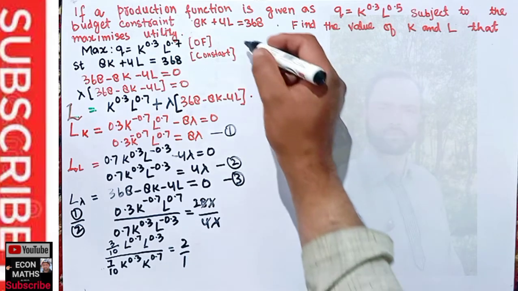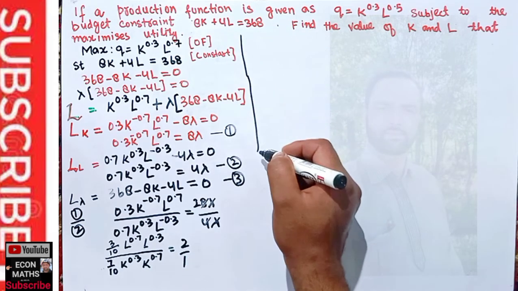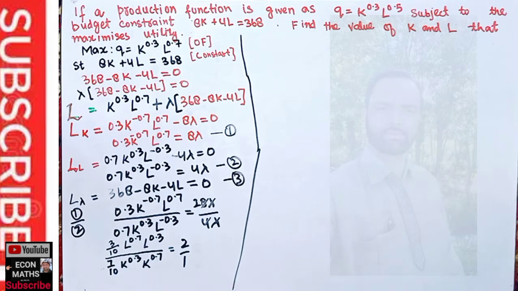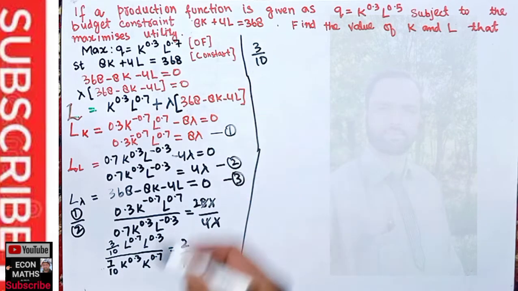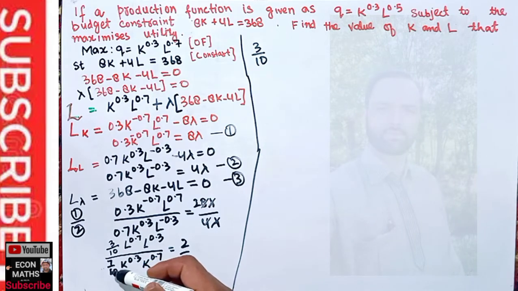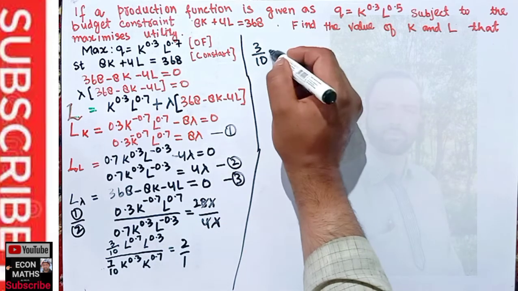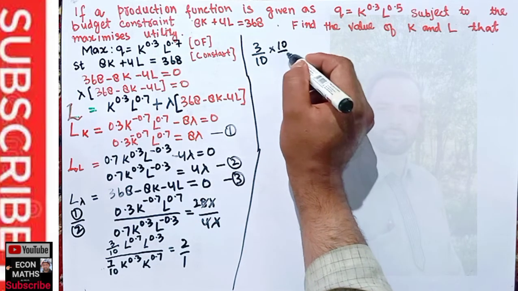After that we can write 3 divided by 10, and transposing this to the numerator, it gets reciprocated, so this becomes 10 divided by 3.